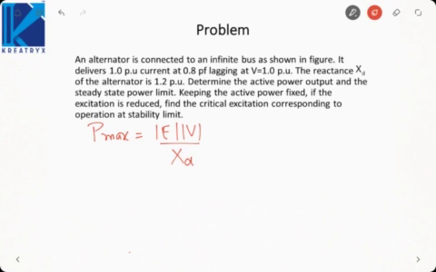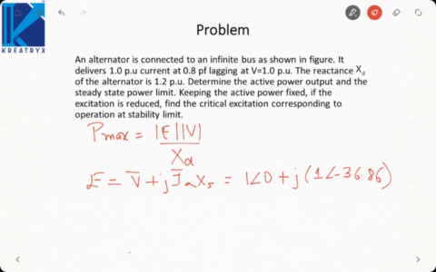But for that we need mod E. Now to determine E, we will apply the phasor equation, that is 1 angle 0 plus j 1 angle minus 36.86. Why minus 36.86? Power factor is 0.8 lagging. So this will come out to be 1.97 angle 29.17 degree pu.